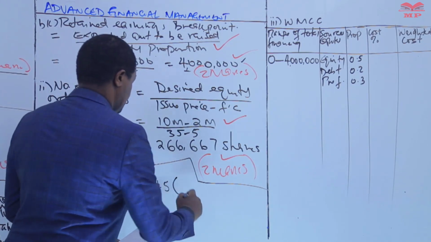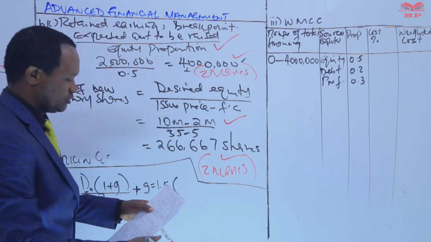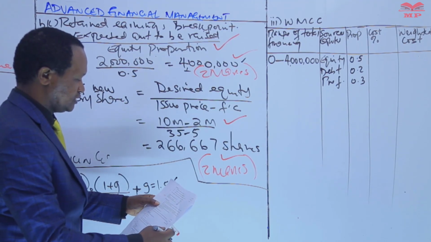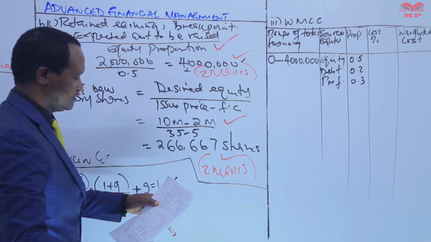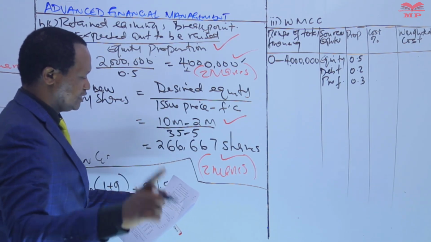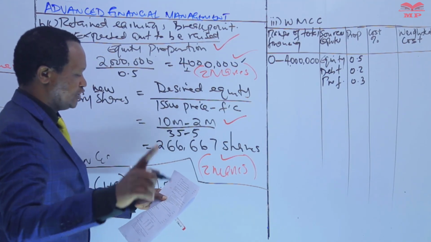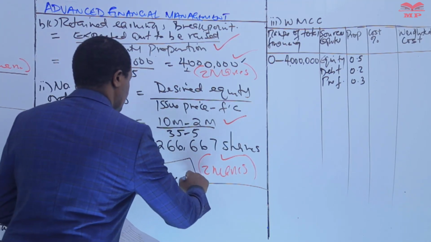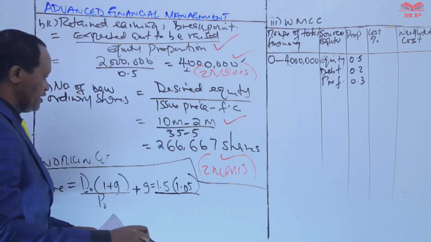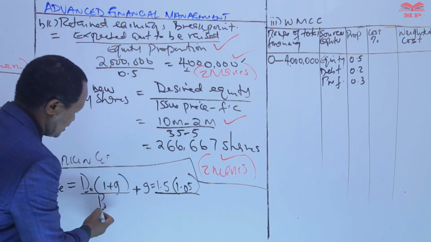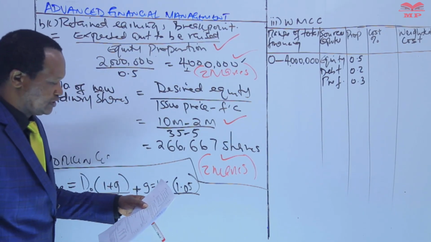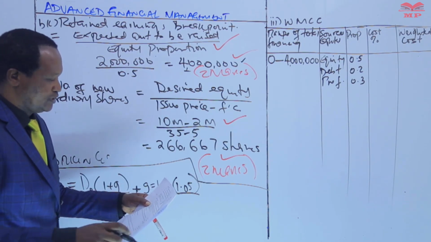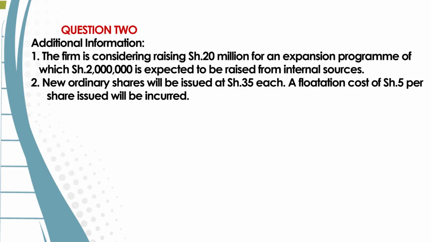Then 1 plus growth rate. What is the growth rate? Yes, we have it. Dividends are expected to grow at a rate of 5% each year in perpetuity. So it will be 1.05. We divide by the market price of this share, the MPS. Do you have the MPS?